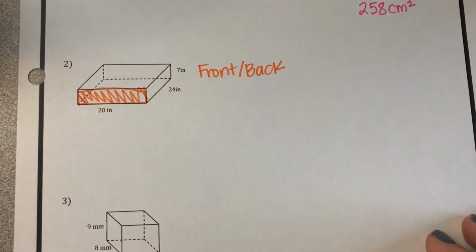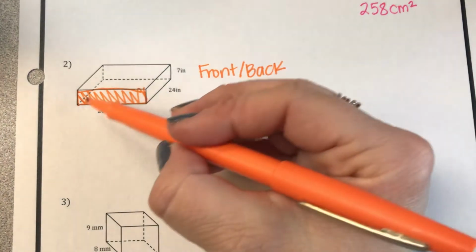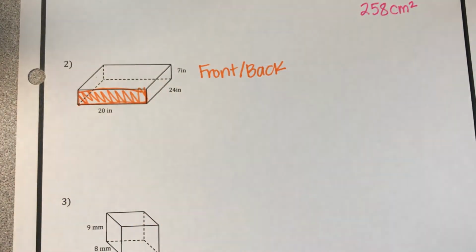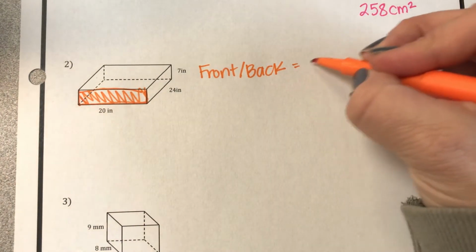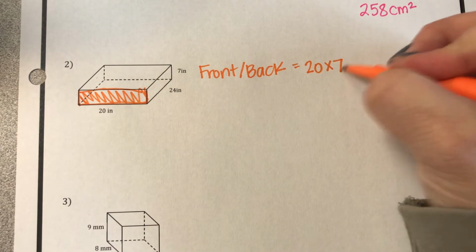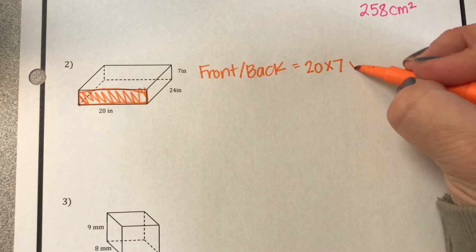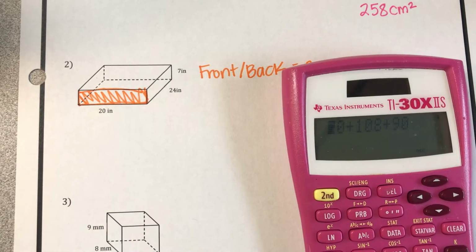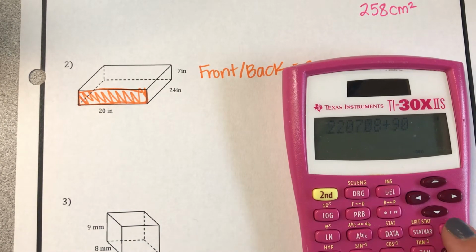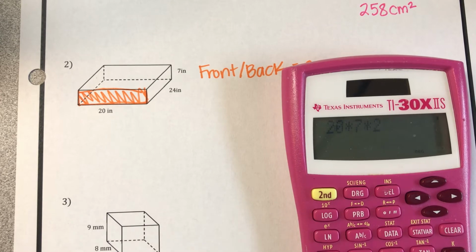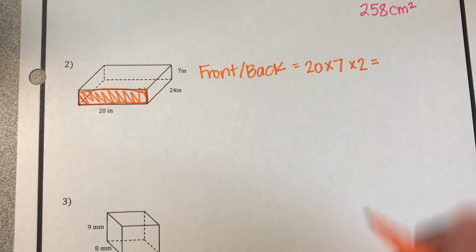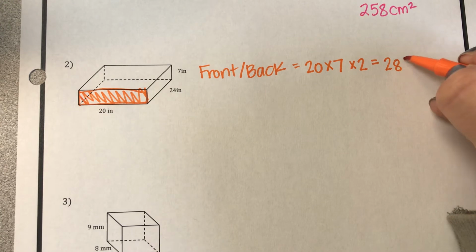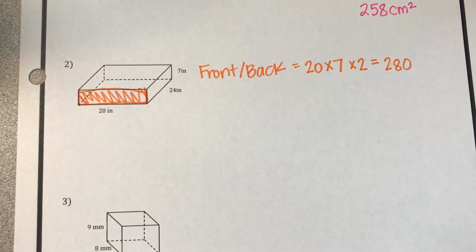Okay, so what are the dimensions of the front and the back? It's 20 across, and how tall is it? 7. So 20 by 7, and I'm actually going to just go ahead and say times 2, because there's 2 of them. So 20 times 7 times 2 is 280. So the front and the back make up 280 square units.